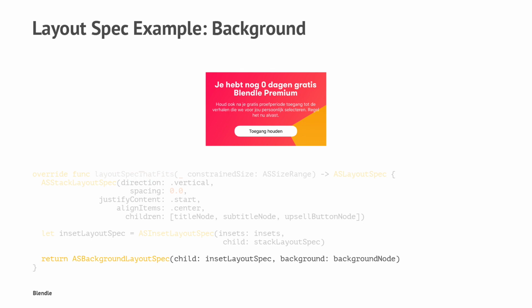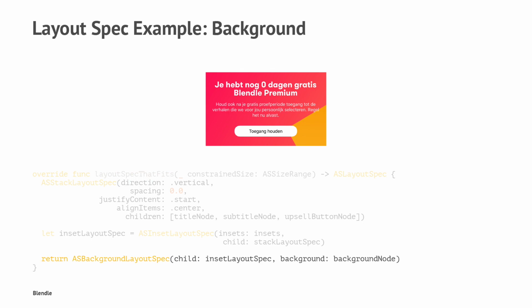So we add the inset layout spec as a child of the background layout spec. This way we've created a hierarchy of layout specs that contain the nodes. So it's like you have a background layout spec with a background node, and that has as a child the inset layout spec, and that has as a child the stack layout spec.